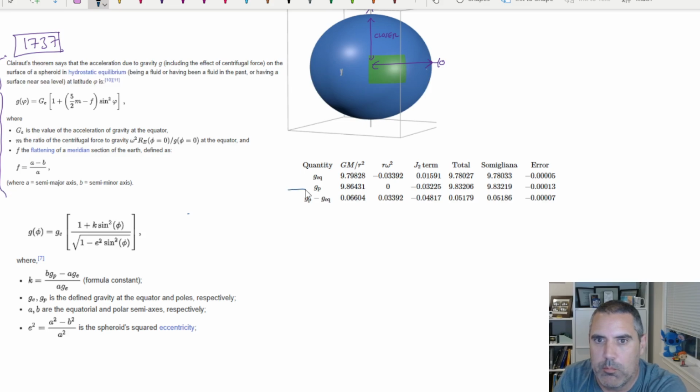This is the gravity at the poles and the gravity at the equator. And this is the best model, named after another scientist who improved this. And it's about a 5% difference. But supposedly yes, the distance is the big factor. The fact that you're closer actually does make the gravity more near the equator. But the rotation has something to do with it, and I forget what this other term was.